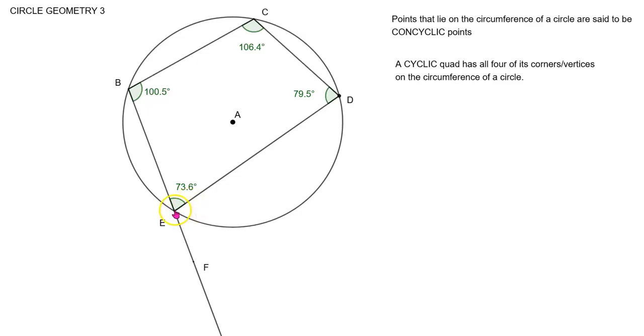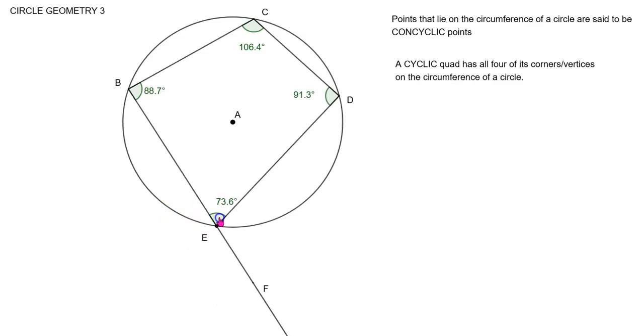If I change this around and maybe move the point E, we'll see that these opposite angles still add up to 180. They didn't change. But these angles over here certainly did change. But the thing that didn't change was the fact that the opposite angles still added up to 180 degrees.